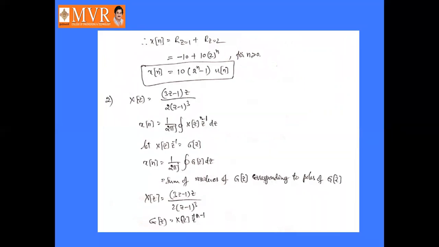So x of n, how to get x of n? x of n equals 1 by 2 pi j integral of x of z into z power n minus 1 dz.